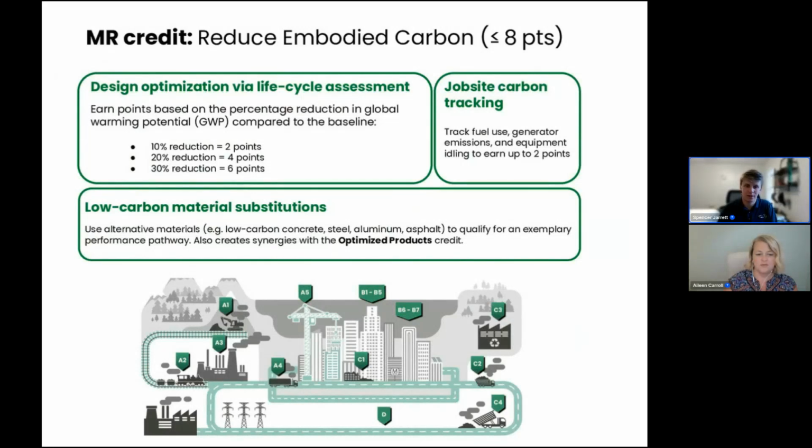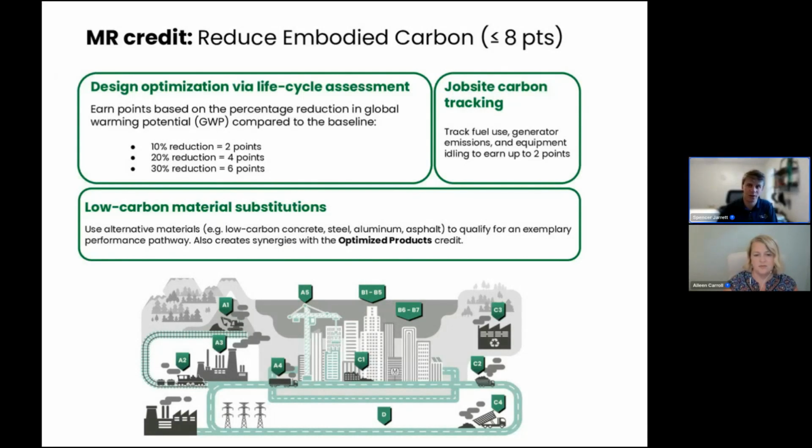But hitting the 30% reduction is going to be a little bit more difficult. It'll take a more holistic look at all of the materials, or maybe even using alternative materials to be able to meet that reduction.